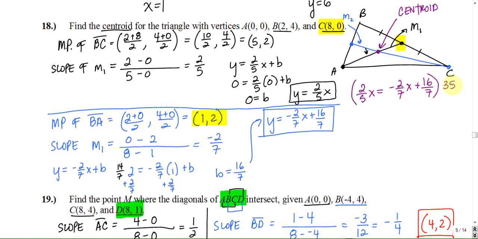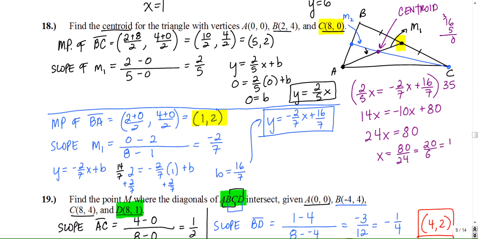I might clear this, distribute through, and I know that looks wrong, but it's actually correct.